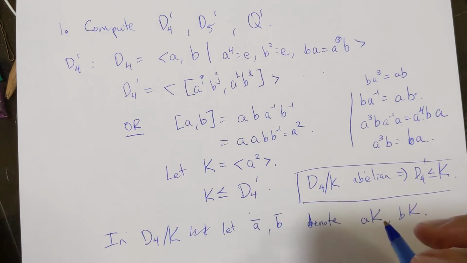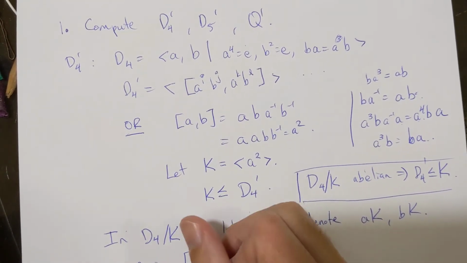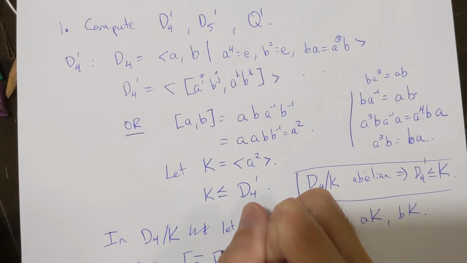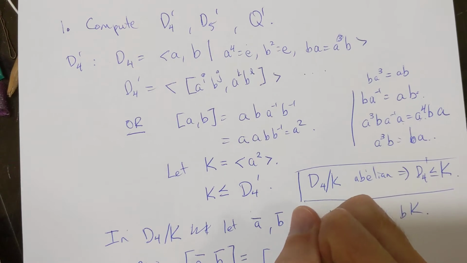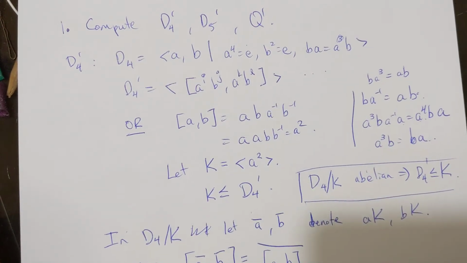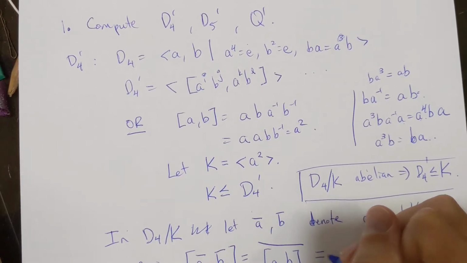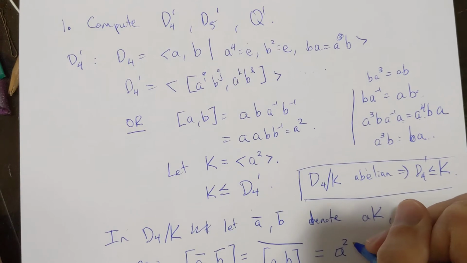And now if you compute the commutator of A bar and B bar, that's just the bar of the commutator of A and B, and the commutator of A and B is A squared bar.